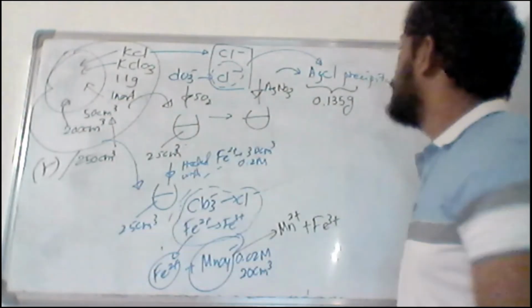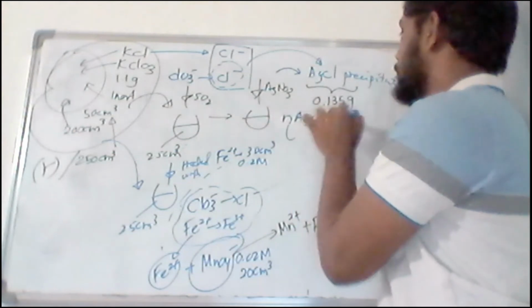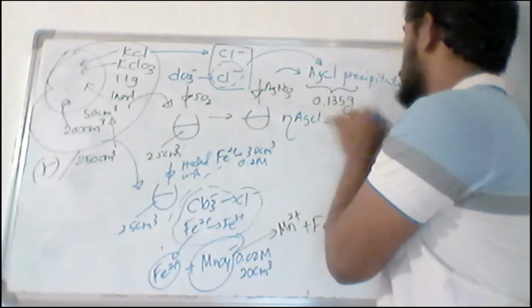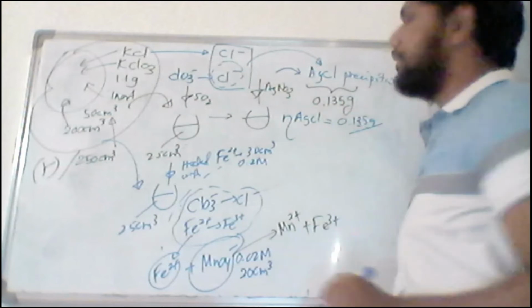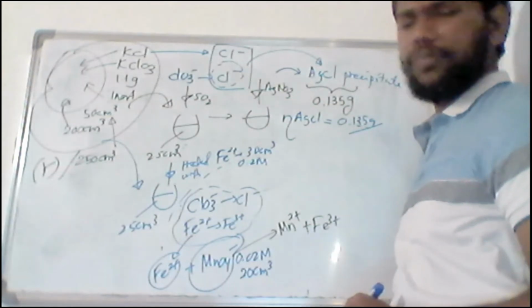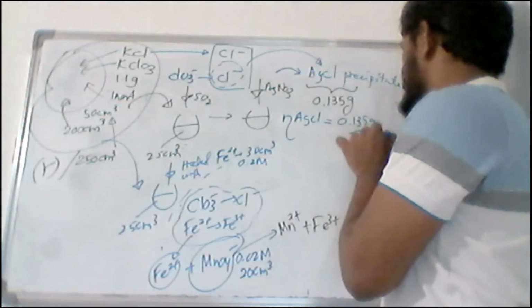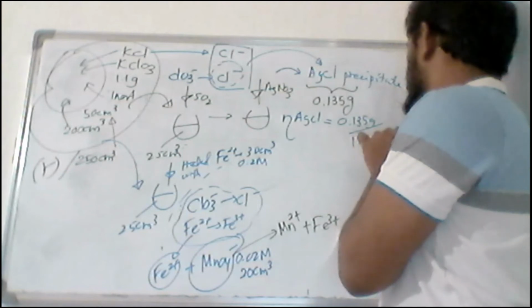So the first thing that you can do is find the number of moles of AgCl. So it will be 1.35 gram over Ag is 108, Cl is 35.5, so it will be 143.5 gram per mole.